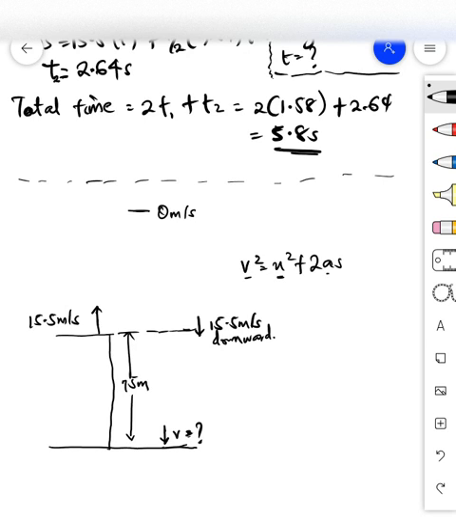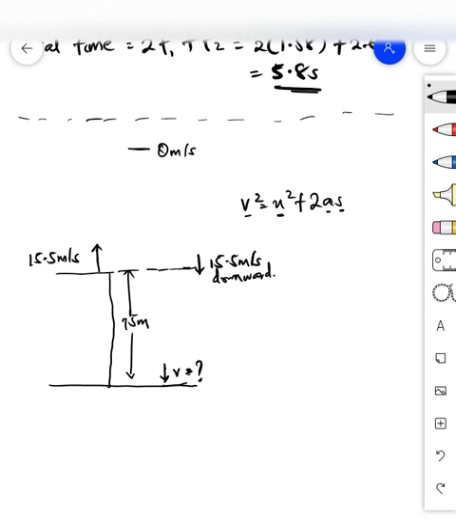V is the final velocity, u is the initial velocity, a is acceleration due to gravity, which is g, and s is the distance, which is 75 here. So V squared equals 15.5 squared plus 2 times 9.81 times 75. Calculating this, we have v equals 41.4 meters per second.